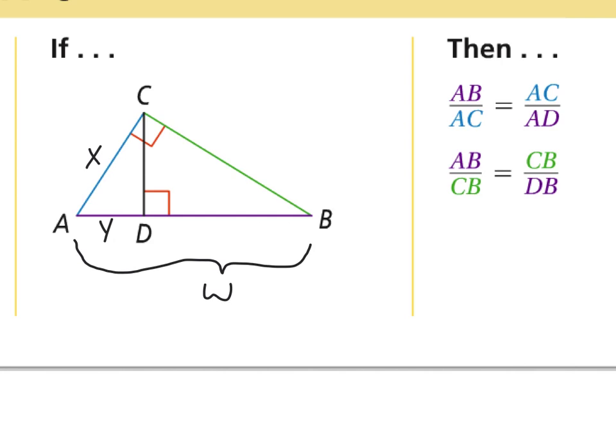X and Y are next to each other. And then we also know the whole hypotenuse. So the hypotenuse corresponds to the leg in the same way that the leg corresponds to that little segment of the hypotenuse.